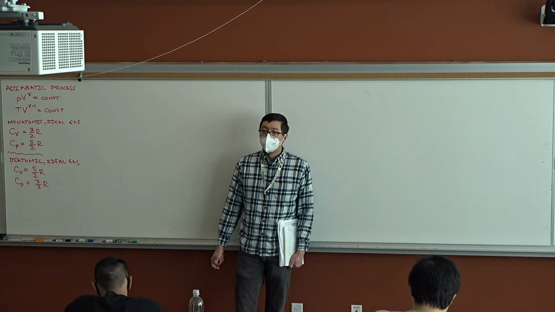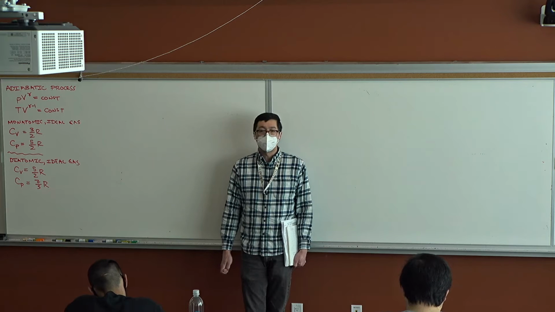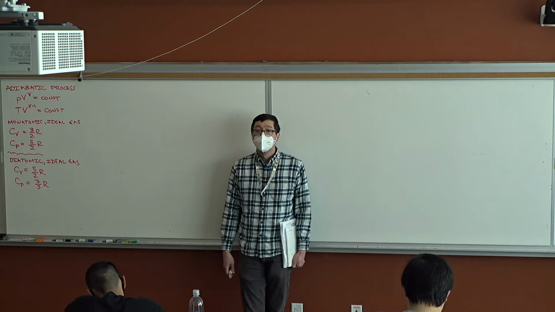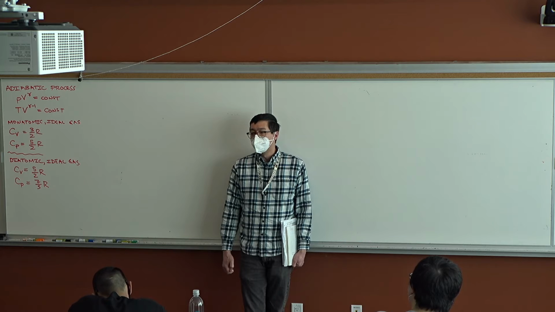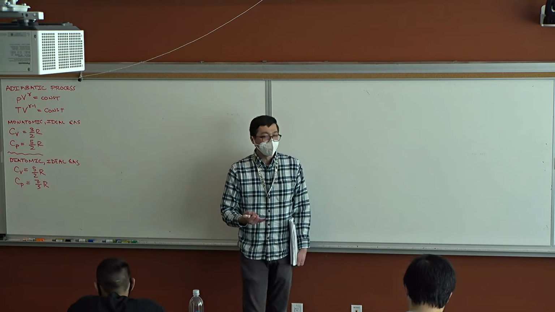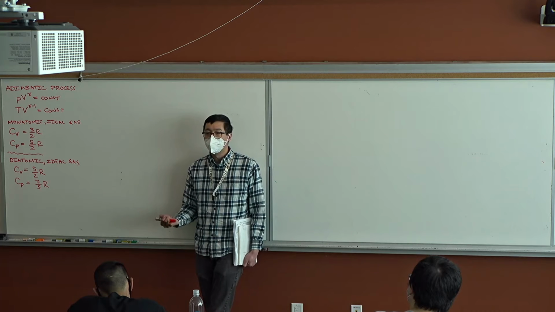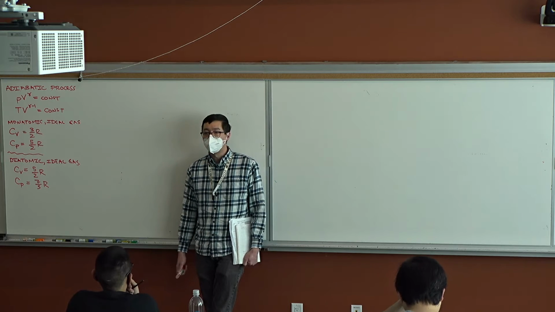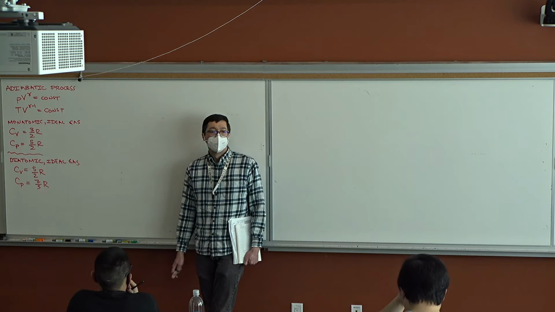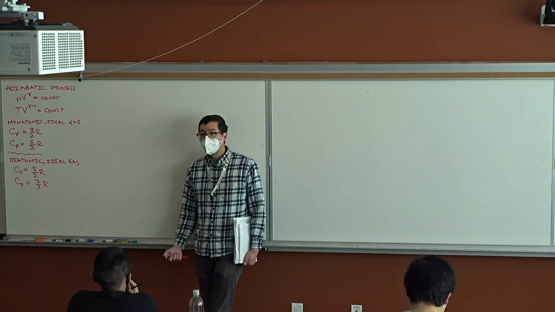And so for a monatomic gas, the only bin we gave it was translational kinetic energy. How many independent axes are there for translational kinetic energy? 3. And so we had 3/2 kBT, right?